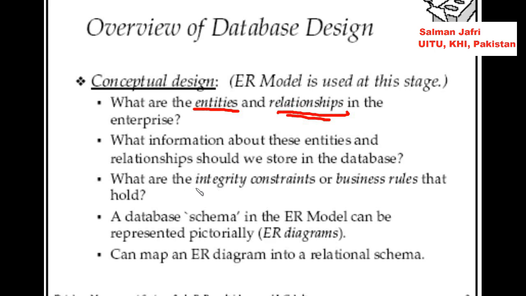One important point that should also be considered at this conceptual design level in the ER model is the integrity constraints or business rules that hold. I told you that there should be integrity constraints because data needs to be consistent. Data should not be inconsistent, data should not be anomalous.